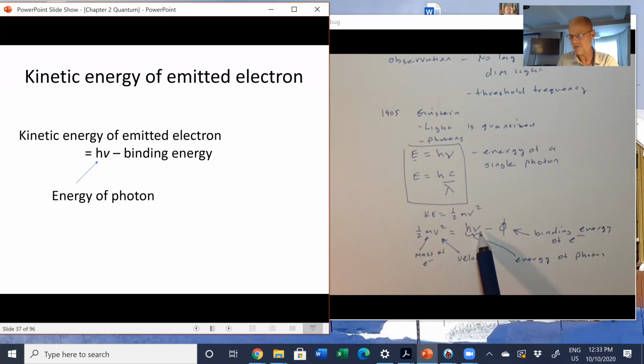That's where the threshold frequency occurs. And if the electron has more energy than the binding energy, what happens to that extra energy? Well, it just becomes kinetic energy. And so the electron will have a higher and higher velocity as the frequency gets higher and higher past the threshold frequency.